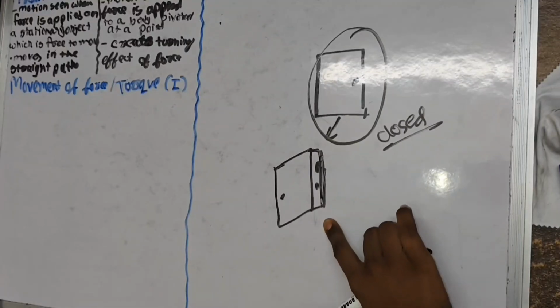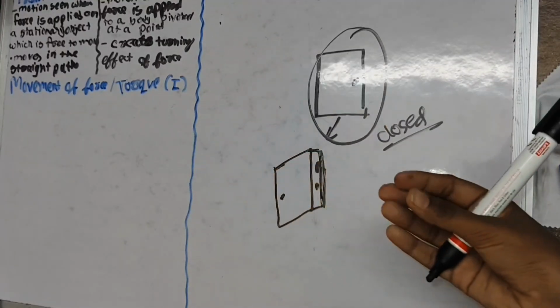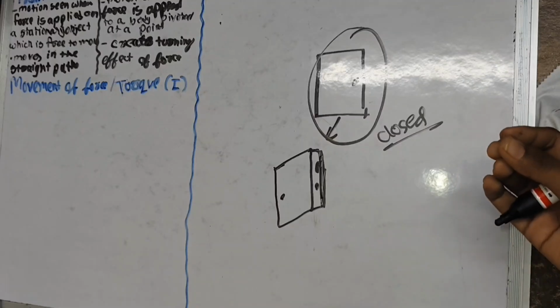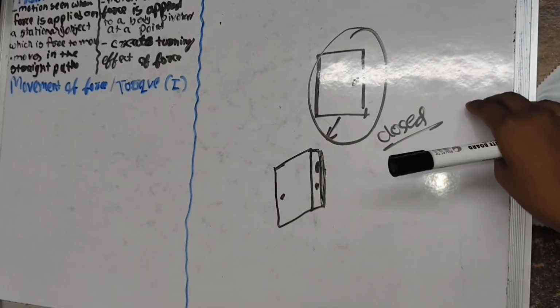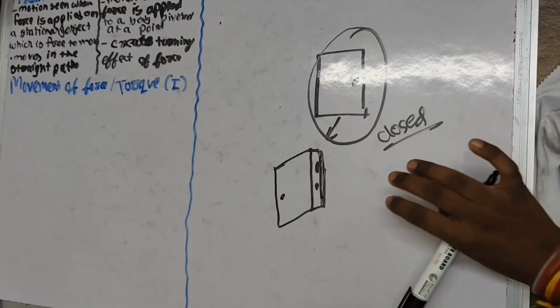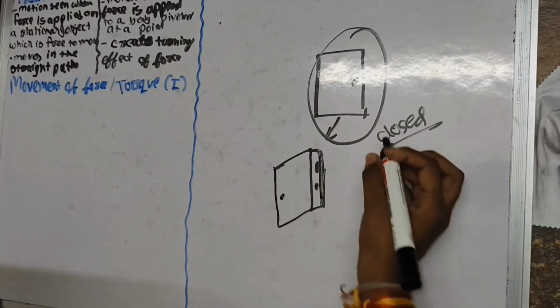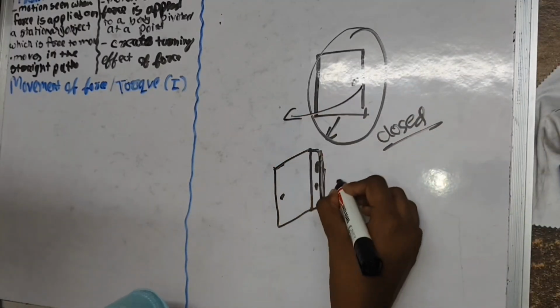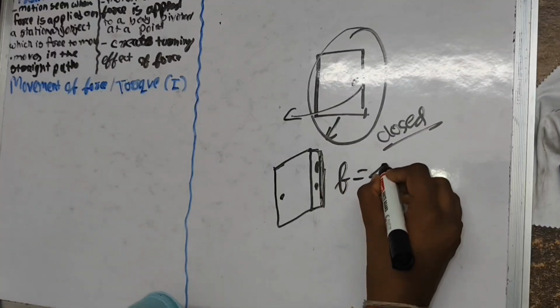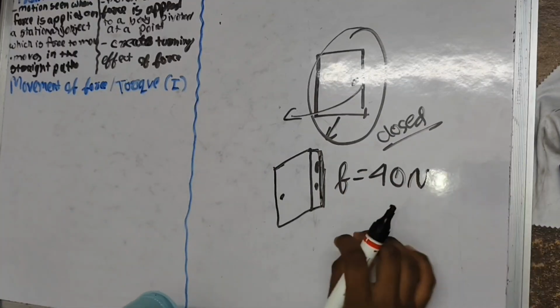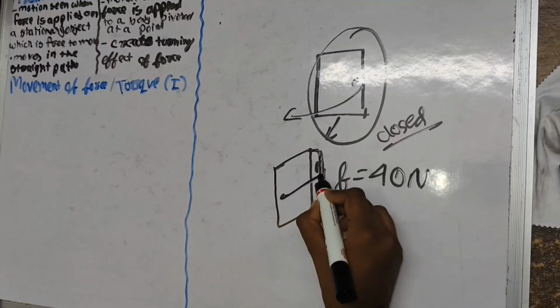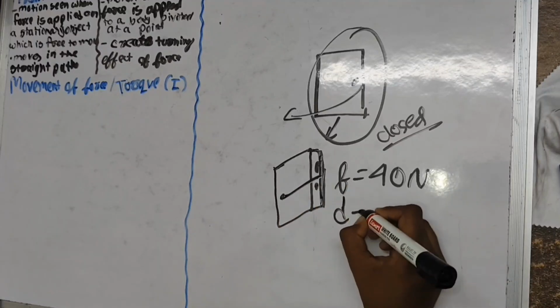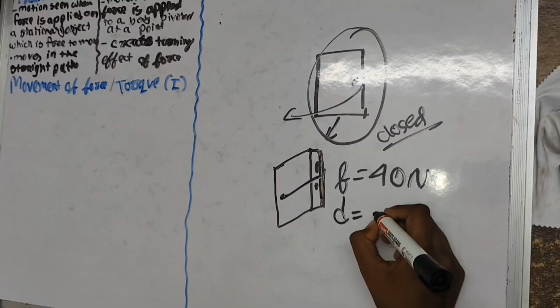So, moment of force or torque is the product of the magnitude of force and the perpendicular distance between the point of application of force and the pivot. This means the magnitude of force applied here to open the door, which is F, we can say is 40 Newton, and the perpendicular distance between this and this, let the distance be 12.